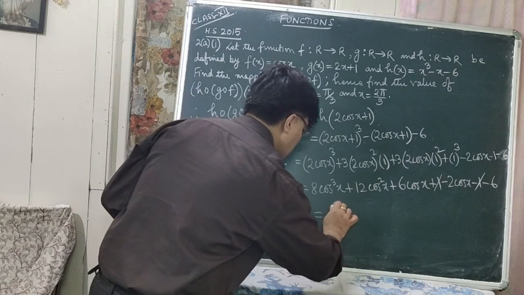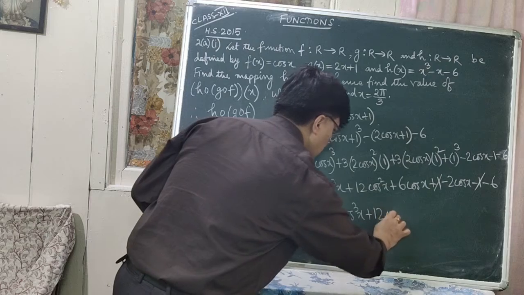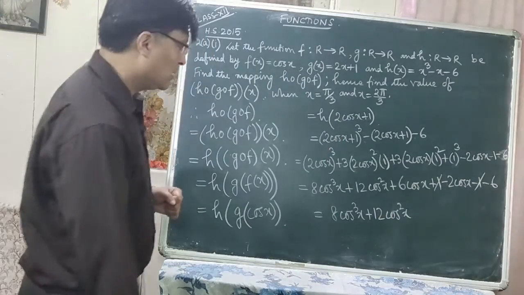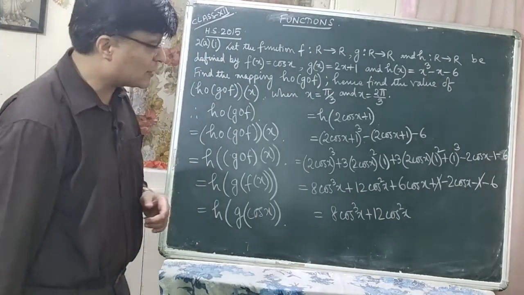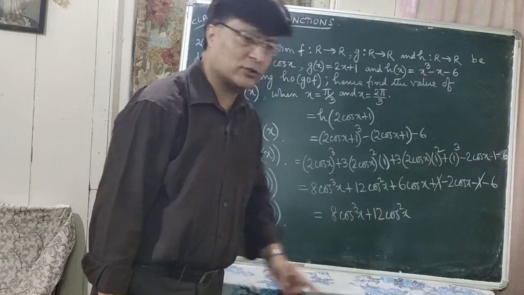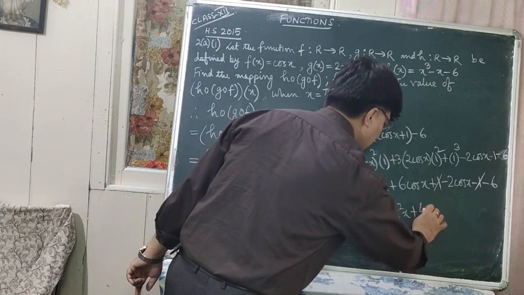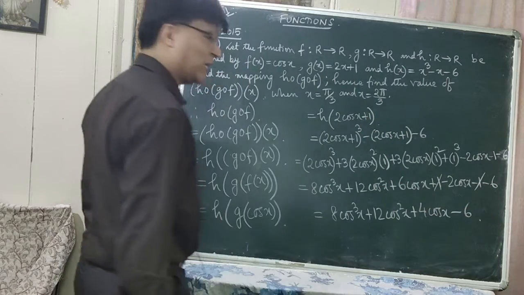So which is equal to 8 cos cube x plus 12 cos square x. Next, 6 cos x minus 2 cos x, what is that? Plus 4 cos x, then write down minus 6.